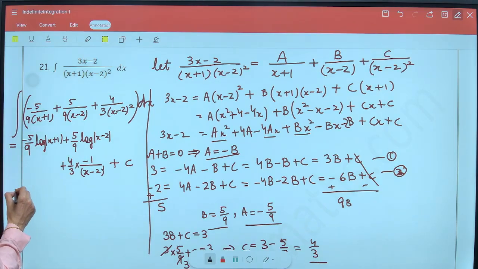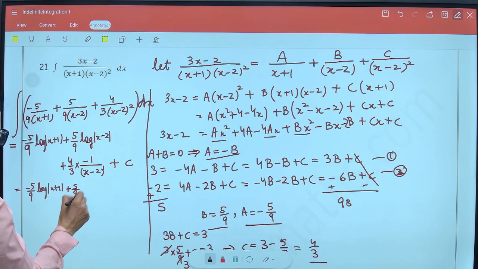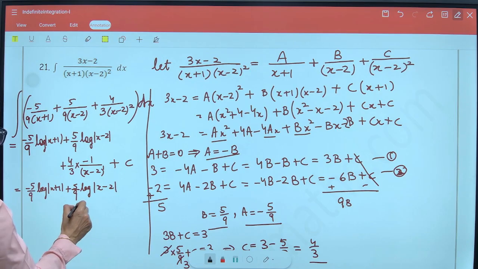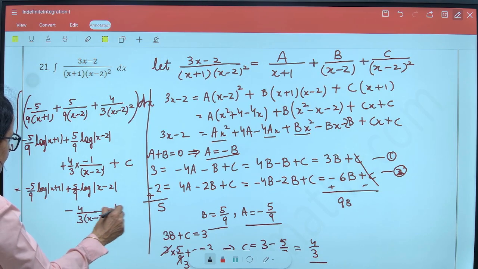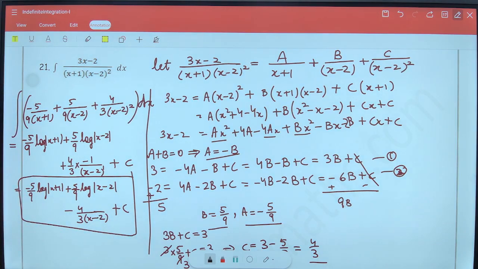So the entire expression becomes minus 5 by 9 log of x plus 1 plus 5 by 9 log of x minus 2 minus 4 by 3, and in the denominator you have x minus 2, plus the constant of integration. So this becomes your final answer.